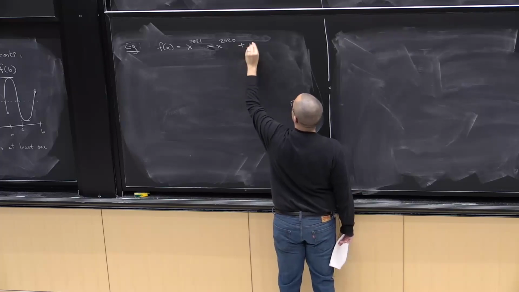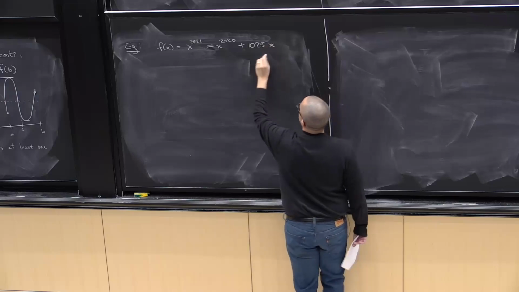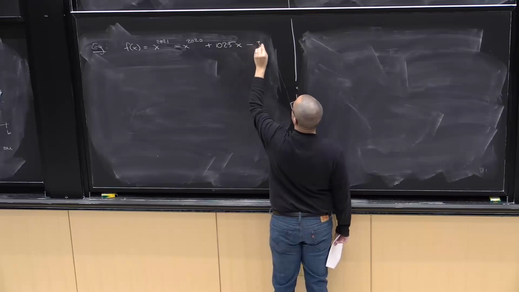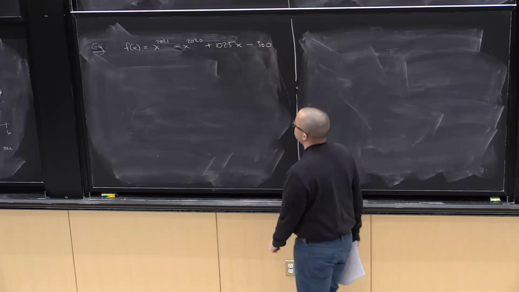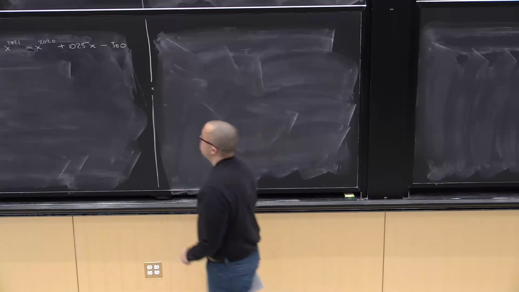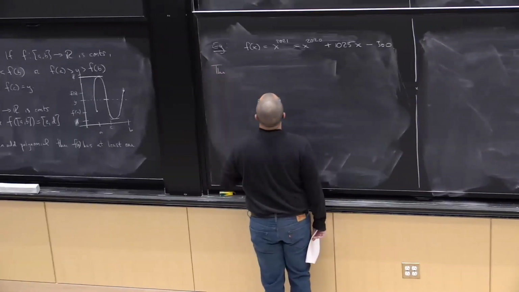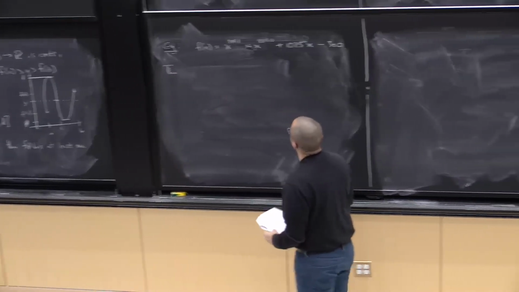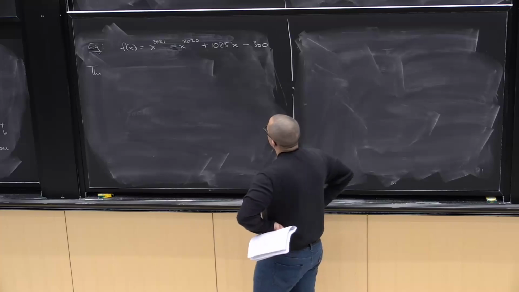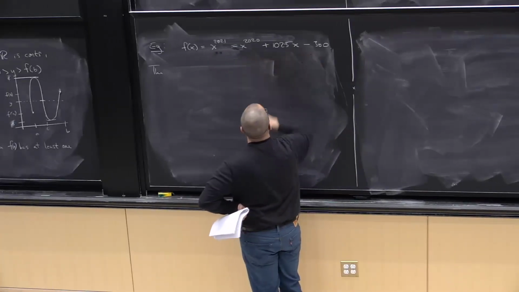I think the 25th or 24th, I don't know, 1025 x minus 300. Okay? So what's the point? As long as I plug in a big enough x, this will swamp everything here.